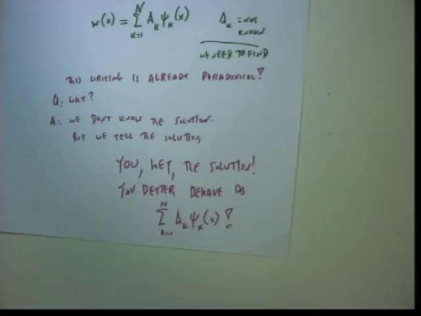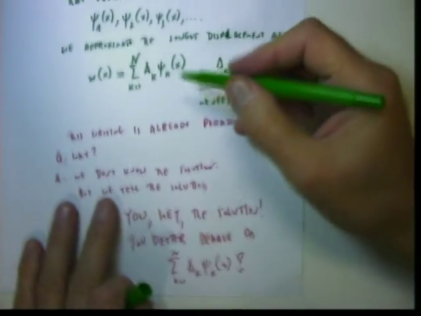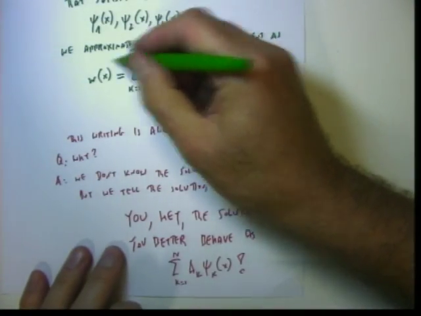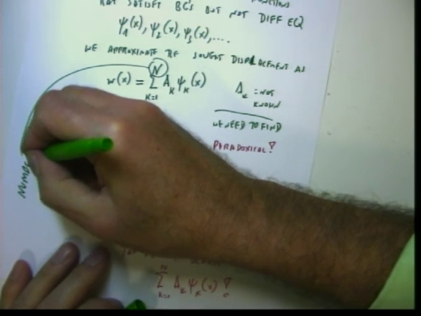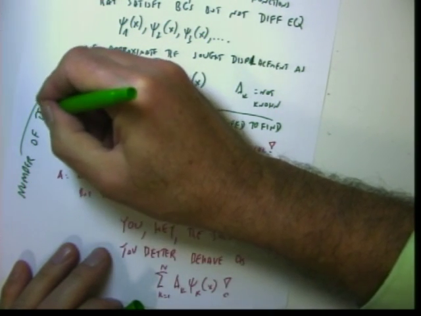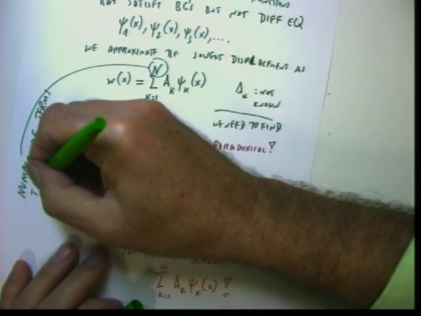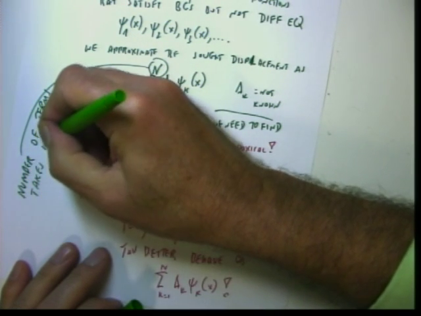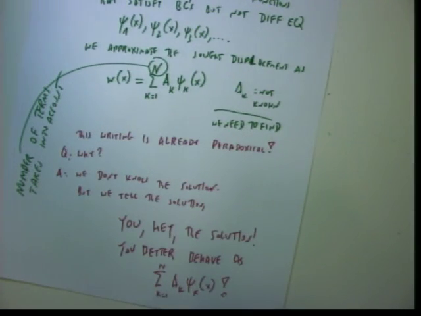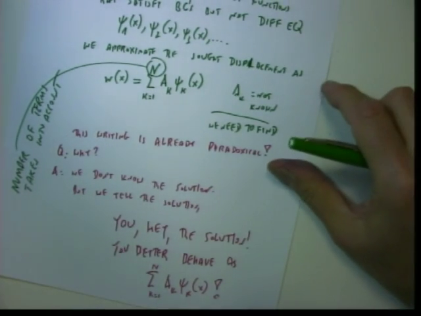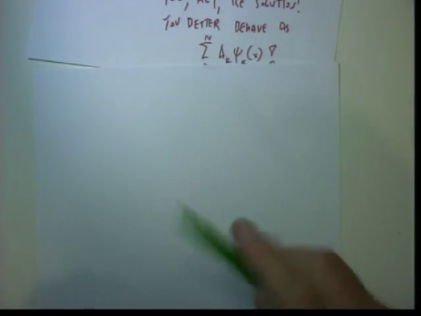Now the question is, what is this n? N is the number of terms taken into account. So I can take one term, two terms, etc. Then what we do is as follows. Four.